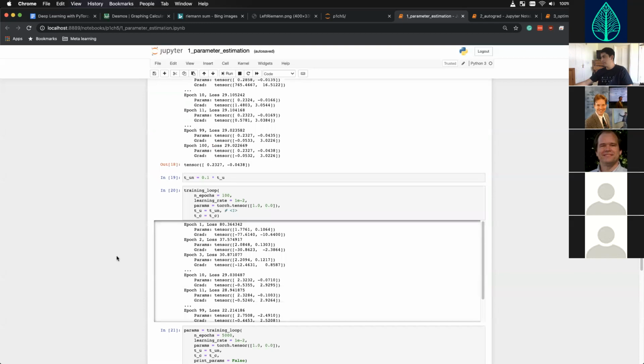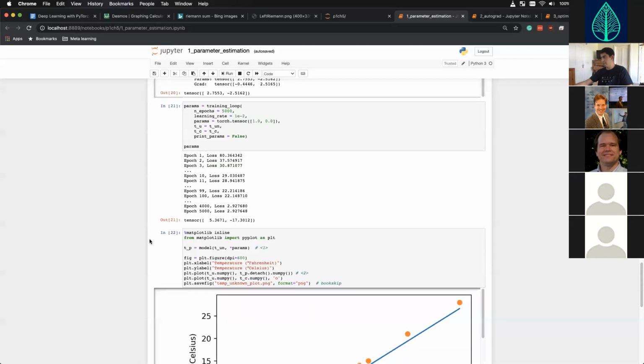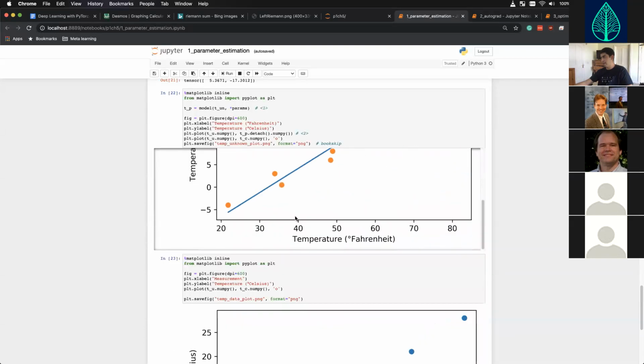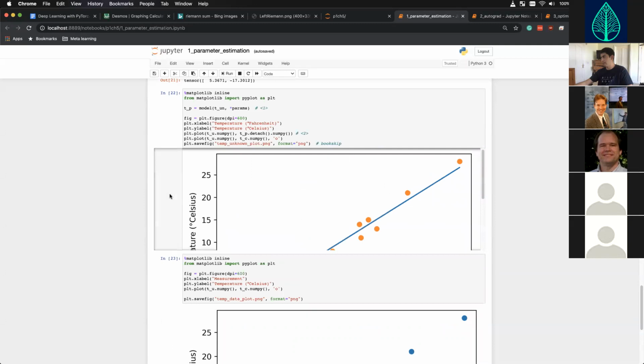So they show the training process a few different times, and then here's the graph of what it eventually outputs.